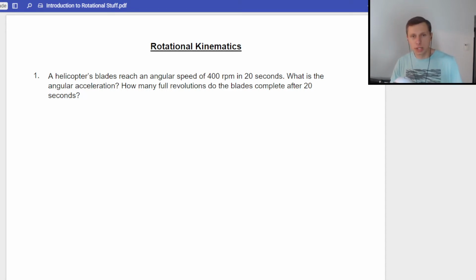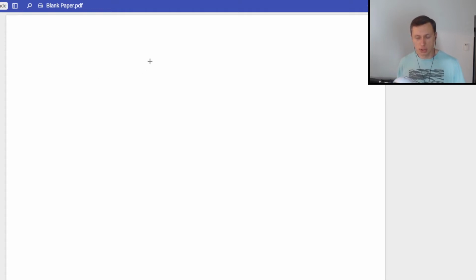Before we go into the first question, I just want to quickly give my 2 cents on rotational kinematics. I recommend pretty much anything I write down, you write down as well. For rotational kinematics, if you remember linear kinematics, you had 5 variables: v initial, v final, acceleration, time, and delta x. And we would try and find as many of these variables as we could.